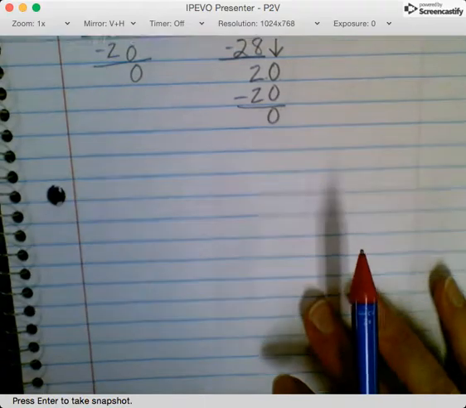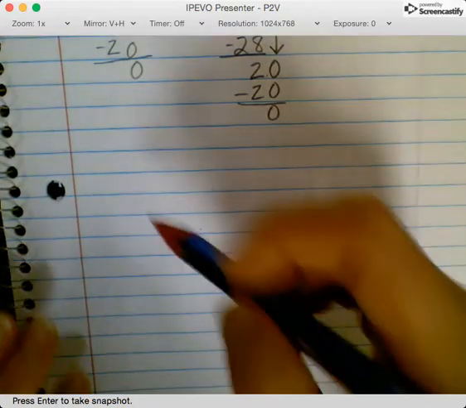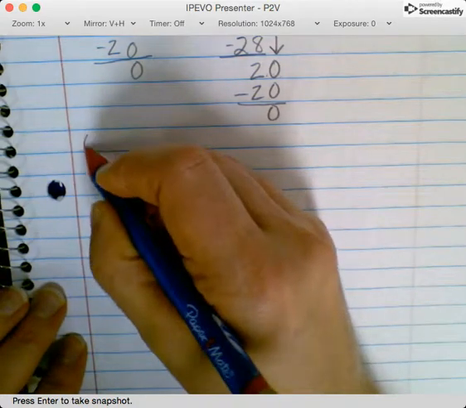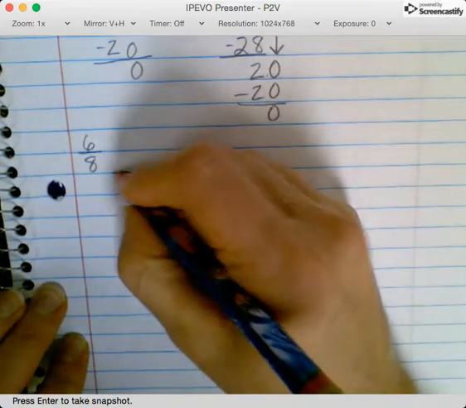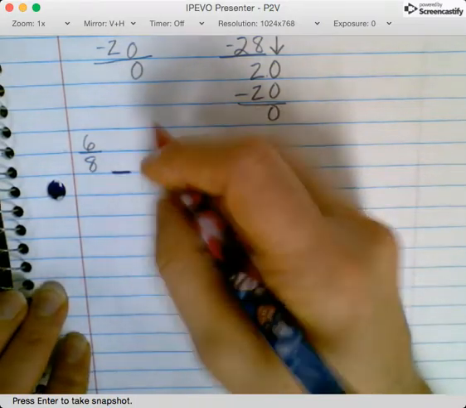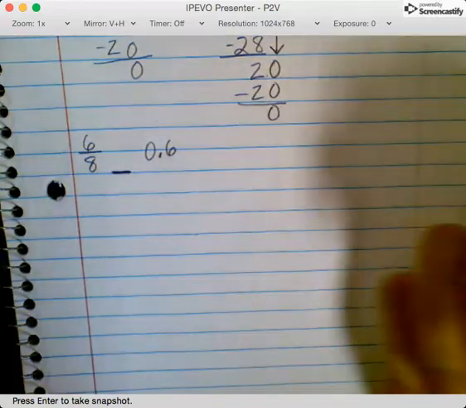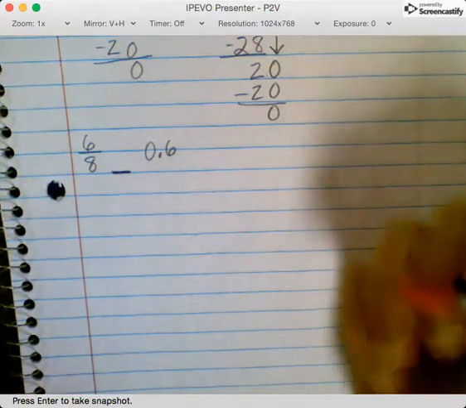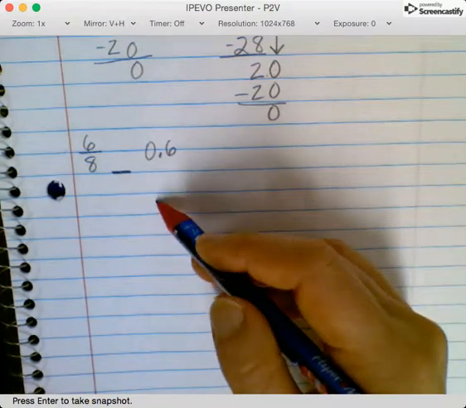Let's do an example of just comparing two numbers. So for instance, 6/8, and I'm going to compare that to 0.6, or you would say it as 6/10. I could compare by changing either one.